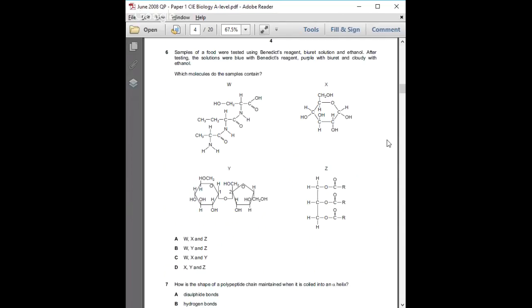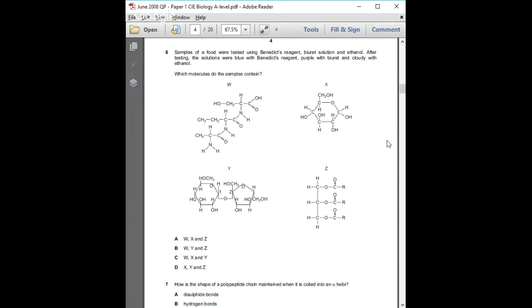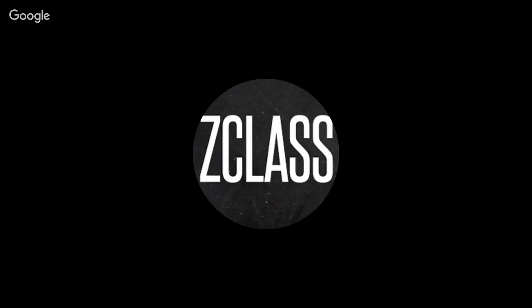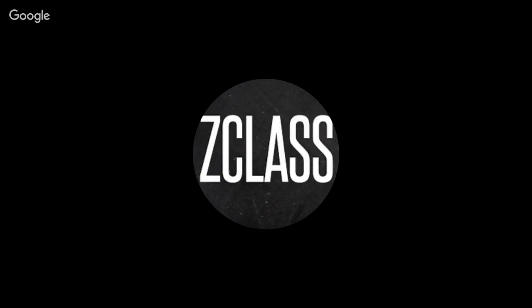There is a group of disaccharides that are reducing sugars, like lactose and maltose. But I wouldn't really worry about that. I don't think they really test that fact in terms of looking at chemical structures anymore. This is a really old paper, so I wouldn't worry. Okay.